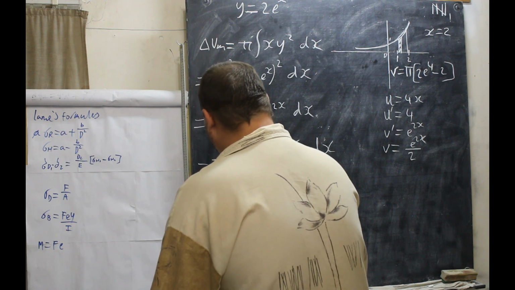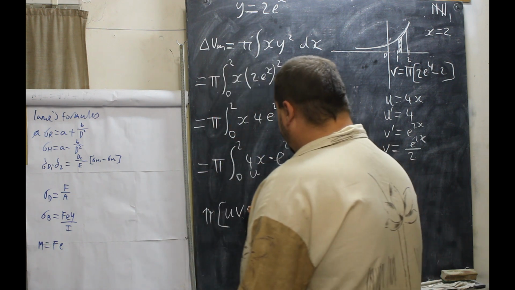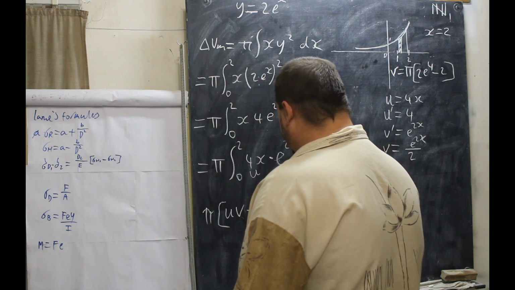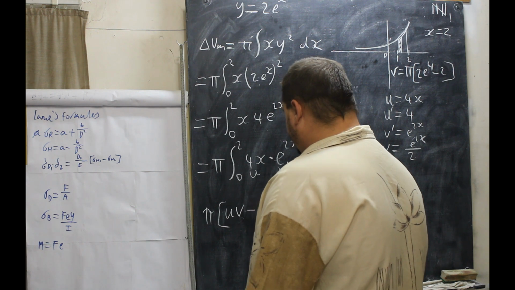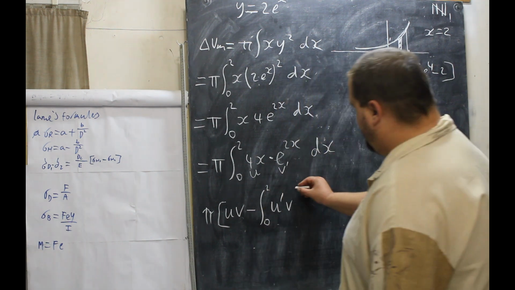Now, how it's going to work is pi times uv minus the integral of u prime v.